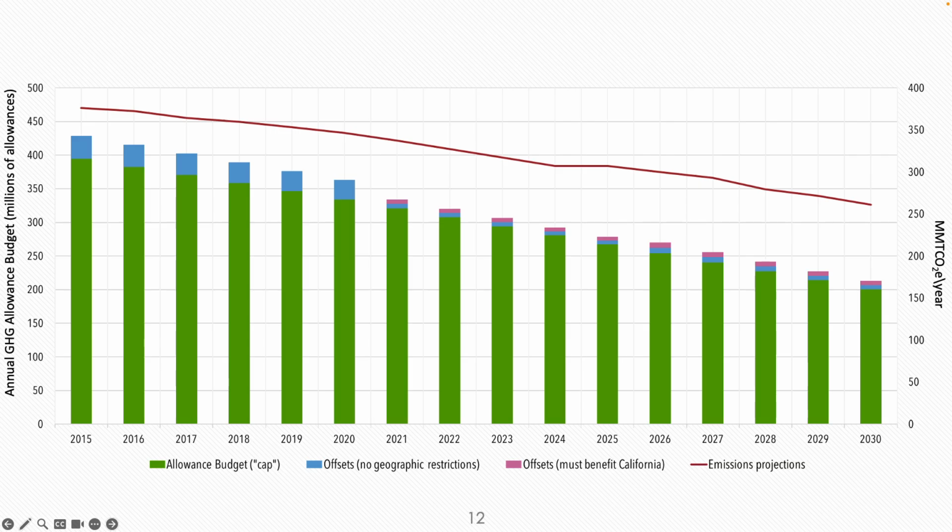Okay. What does the allowance budget look like? So something like this. These are the allowance budgets. So green is our cap. We have offsets, which I'm going to talk about in a little bit more detail in a moment.